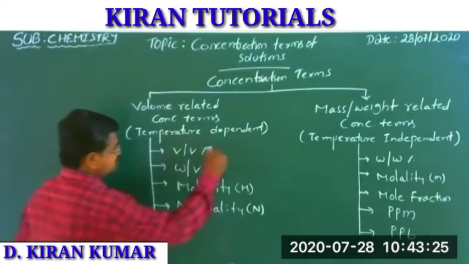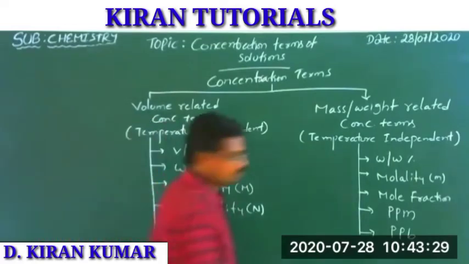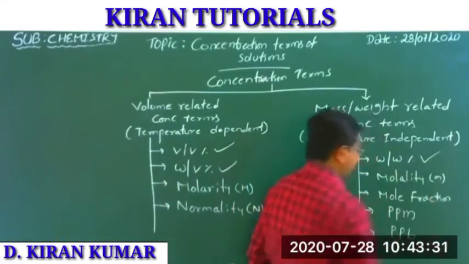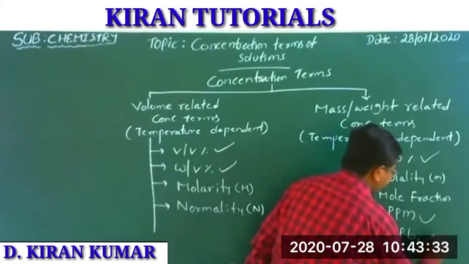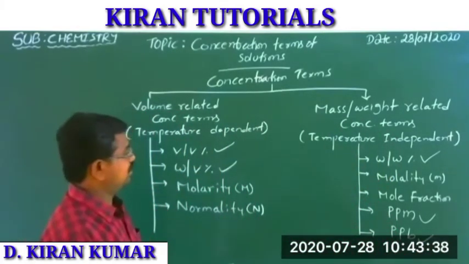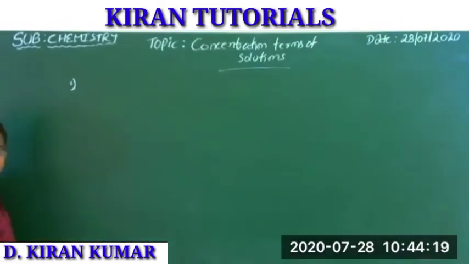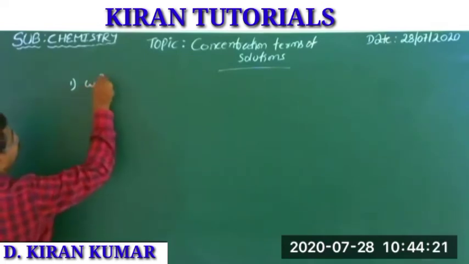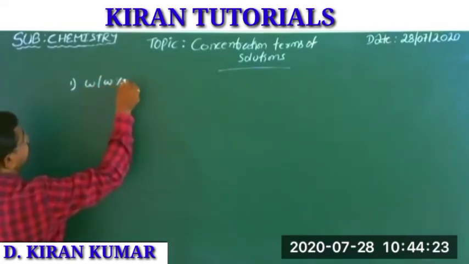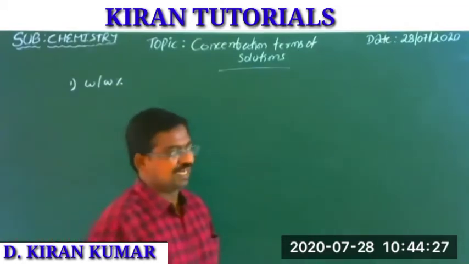Today we are going to discuss volume by volume, weight by volume, weight by weight percent, ppm and ppb, those five concentration terms. Okay, the first one, weight by weight percent. What is weight by weight percent?